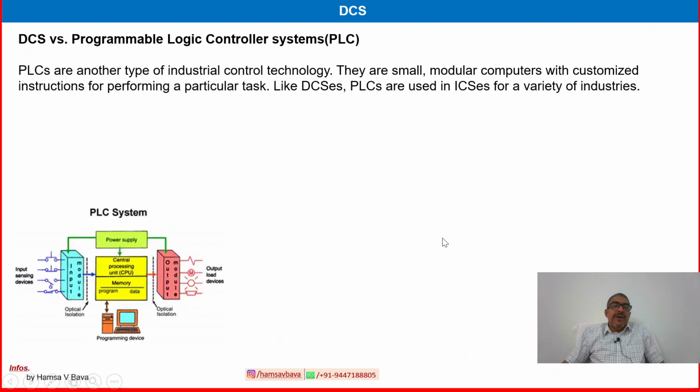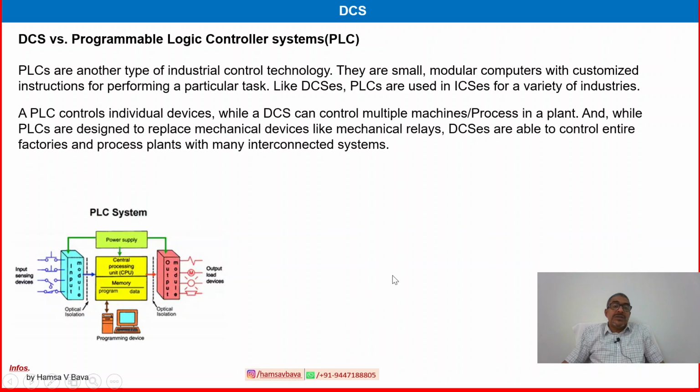DCS versus PLC, some overviews. I have added some overviews on both. PLCs are another type of industrial control technology. They are small modular computers with customized instructions for performing a particular task. That is very important. Like DCS, PLCs are used in ICS, industrial control systems, for a variety of industries.